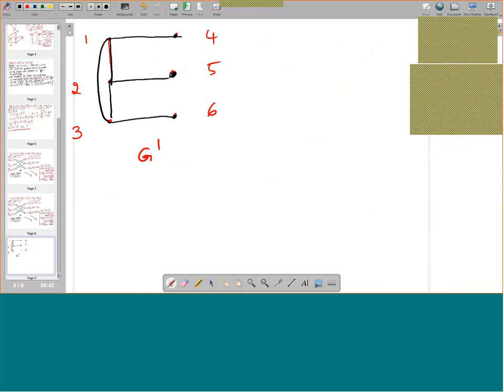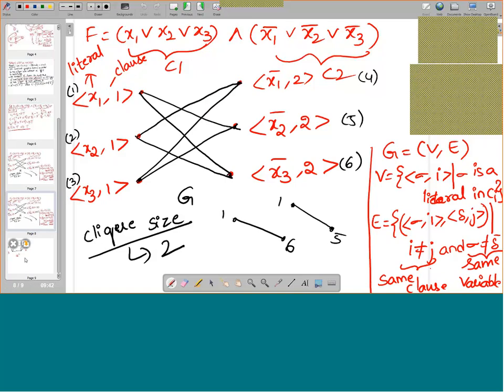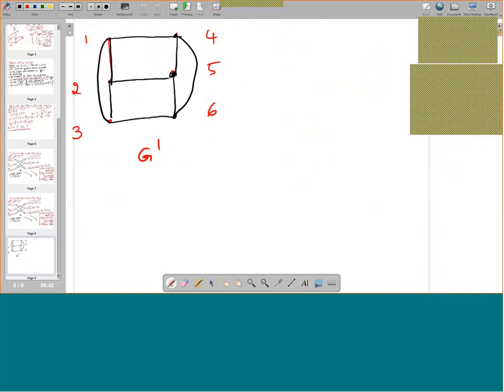Next, from 4, 4 to 5, 4 to 6. So this one will be the G dash. You can write G and G dash side by side.